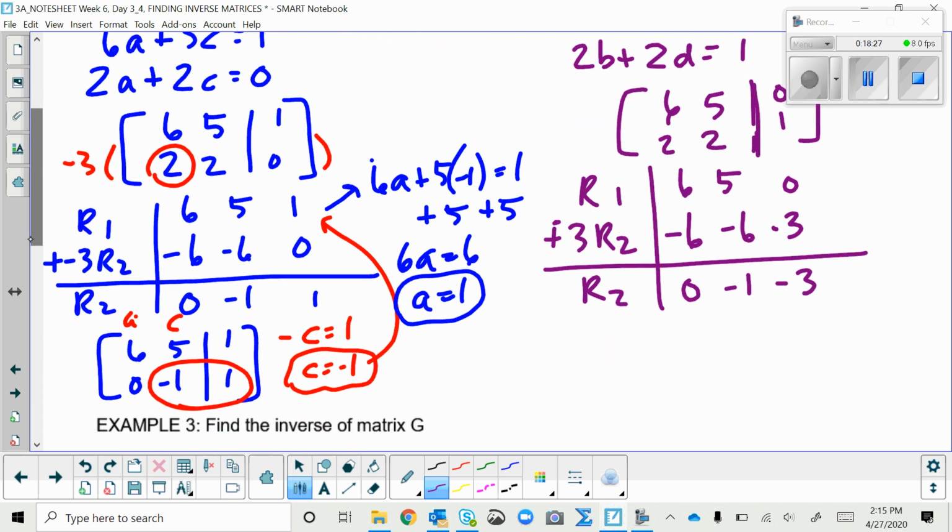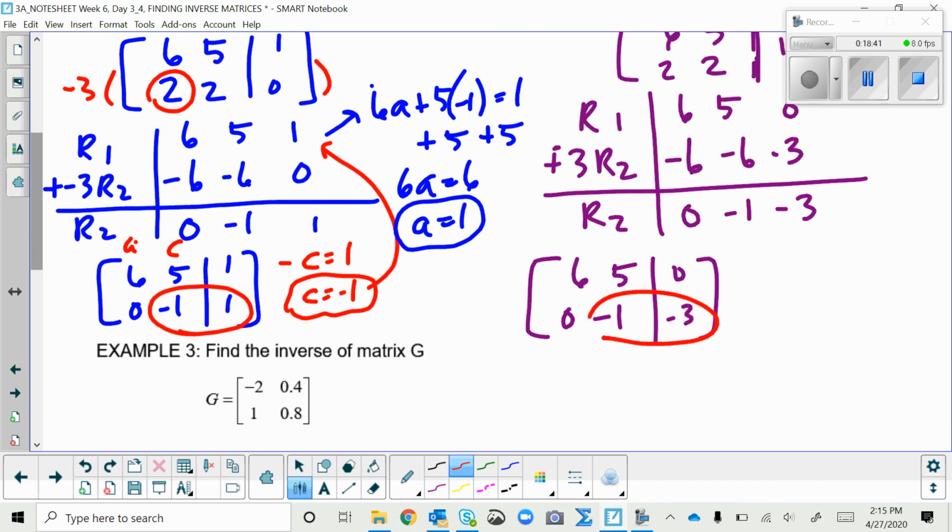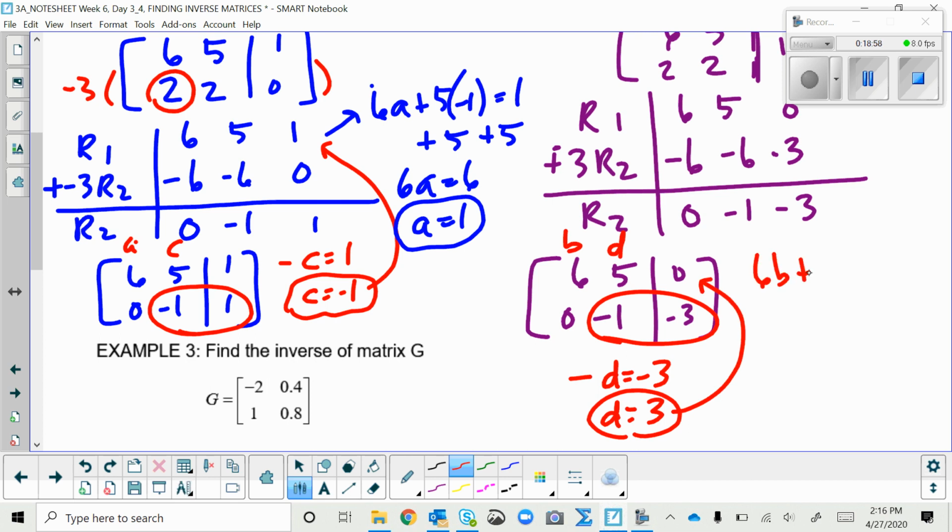So then my new matrix looks like this: 6, 5, 0, 0, negative 1, negative 3. That bottom row means, that's D, right? This was B and D. So negative 1D equals negative 3, which means D equals positive 3. Plugging that into this equation gives me 6B plus 5 times D, which is now 3, equals 0.